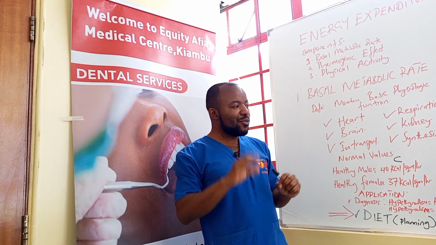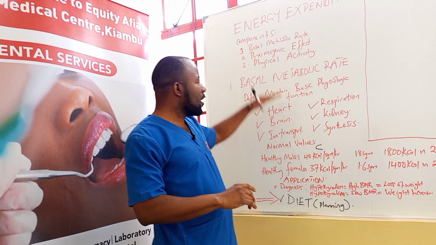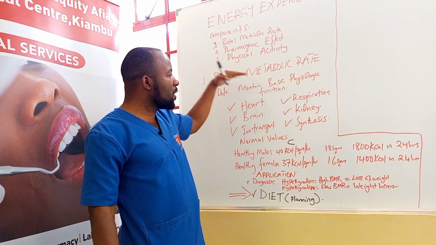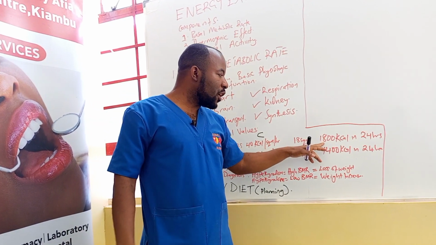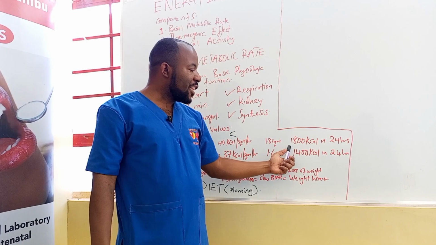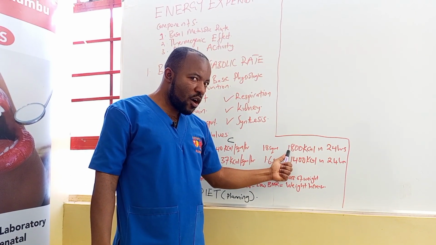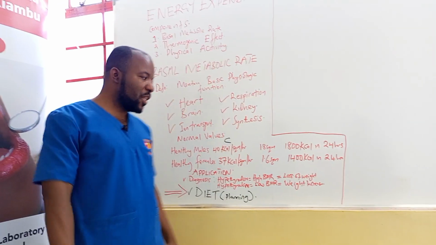It will give you 3,400 calories. For your basic physiological functions to go on, your body will subtract 1,800. So now you can see the balance you are remaining with.